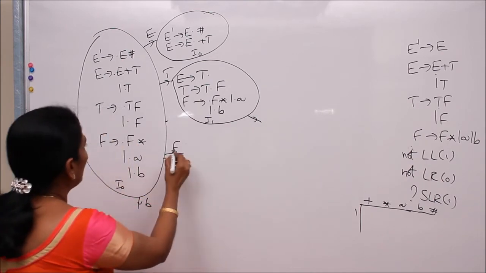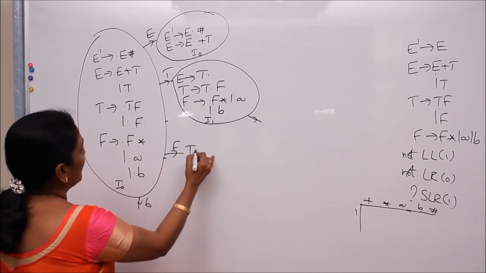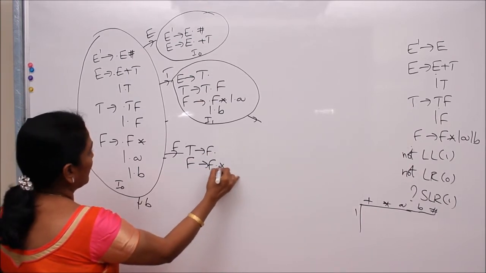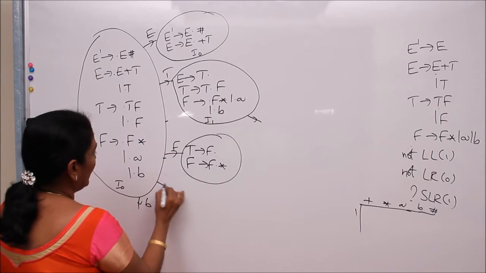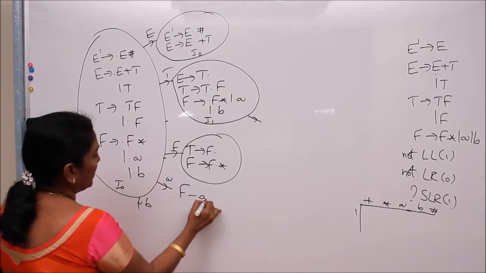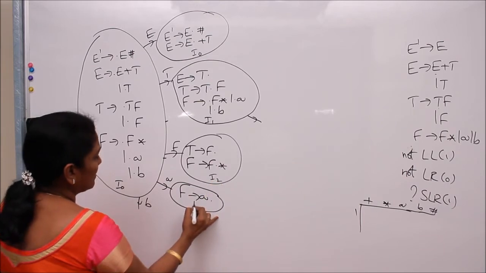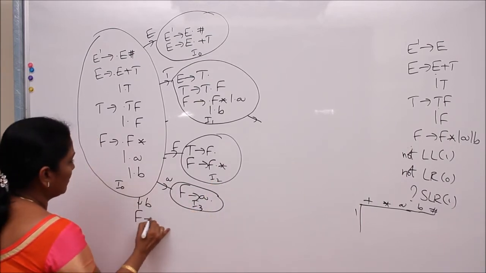Suppose here if I take on F, it would be T2 F dot, let me just complete this, F dot star. Now on A, it would be F2 A dot. This is I1, this is I2, this is I3 and this is I4.